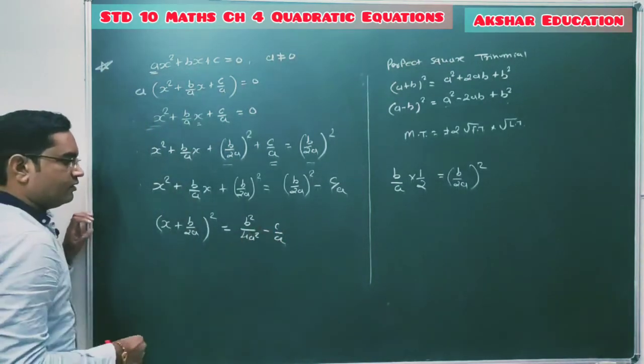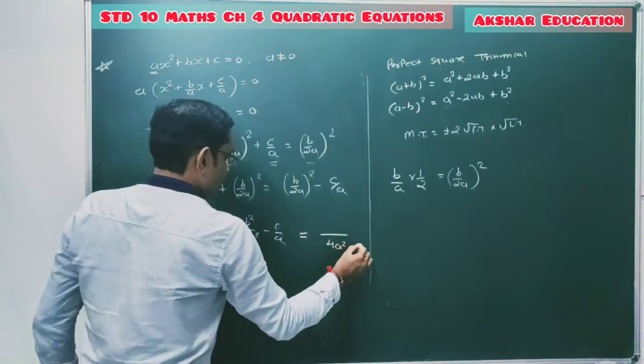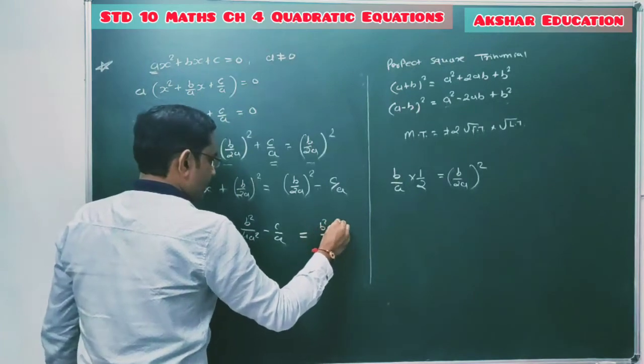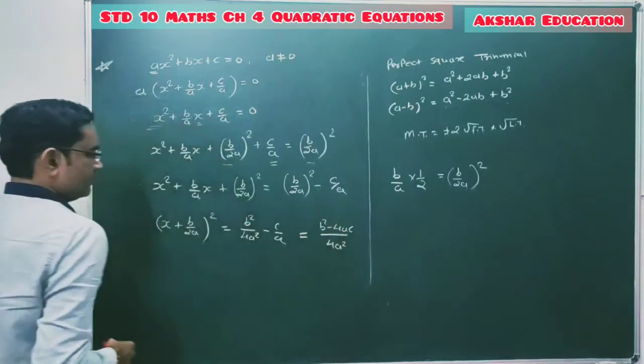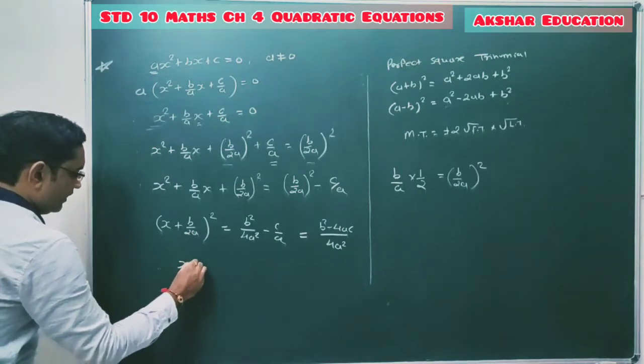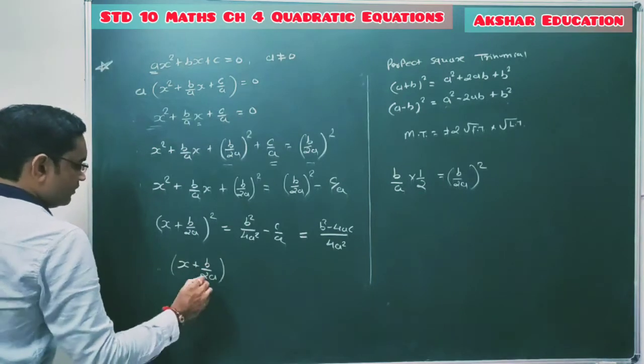Now simplify this one. Here we can take 4a square as the LCM. So 4a square is the LCM, and this is nothing but b square minus 4ac by cross multiplication. Now taking the square root on both sides, it will be x plus b upon 2a square root.